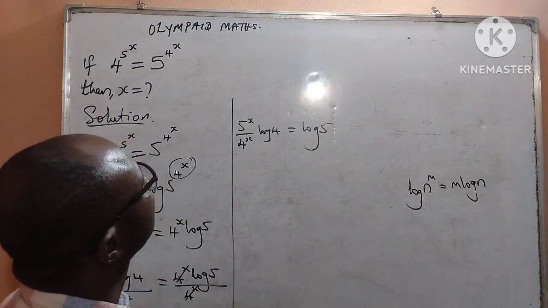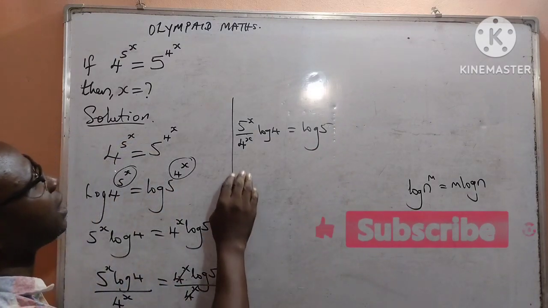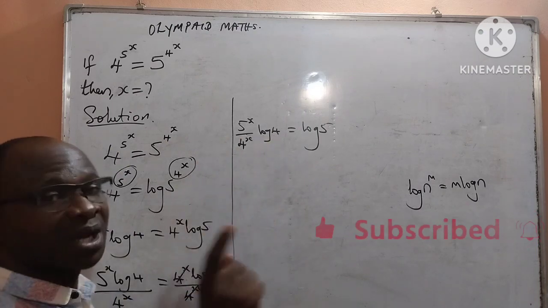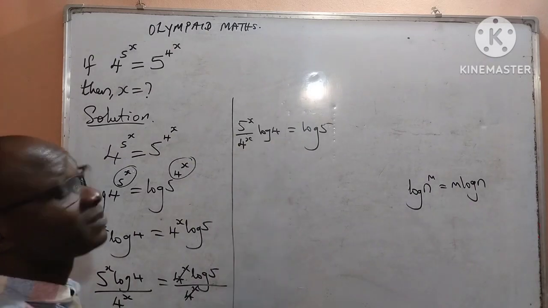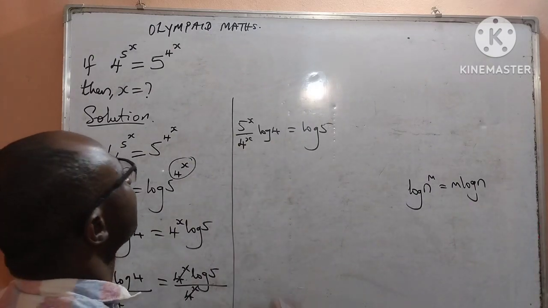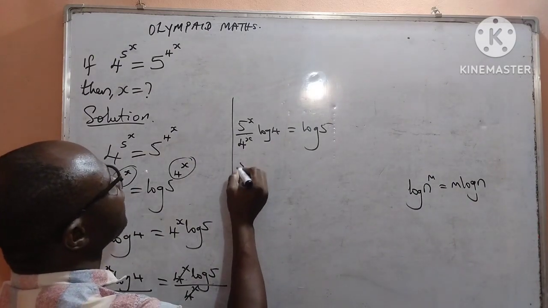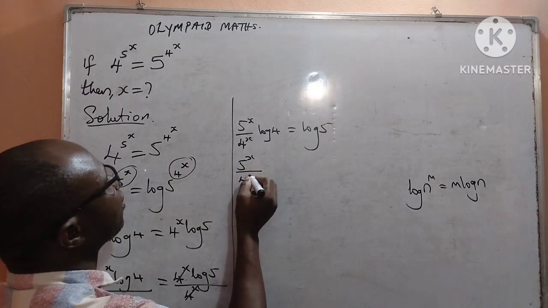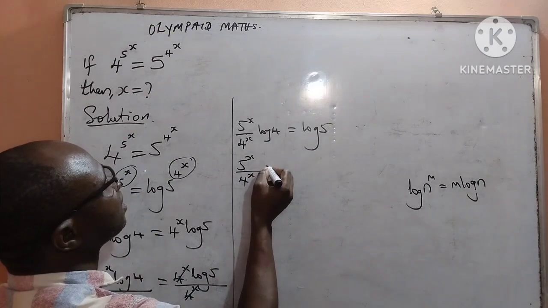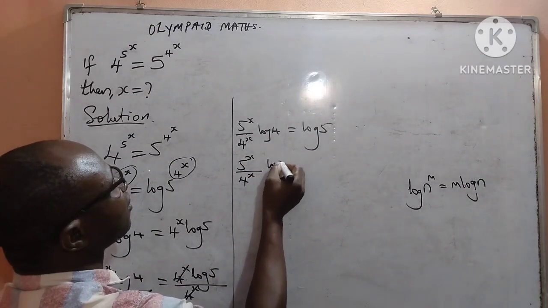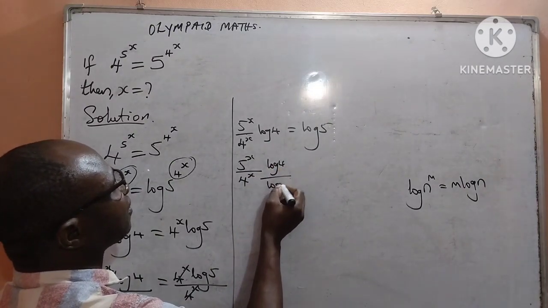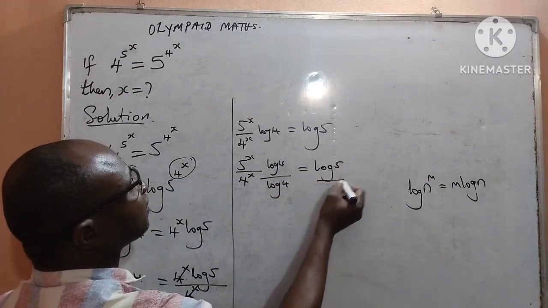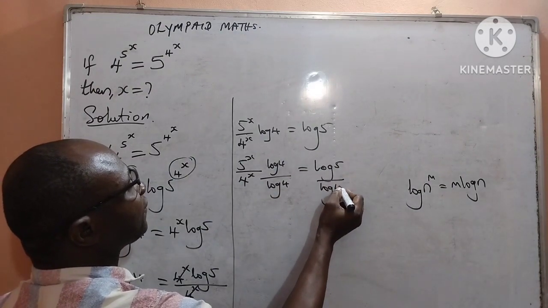The next thing I will do, I want to remove log 4 from the left. And to do that, I will divide both sides by log 4. Alright? And that means 5 raised to x all over 4 raised to x, then log 4 divided by log 4 is equal to log of 5 divided by the log of 4.